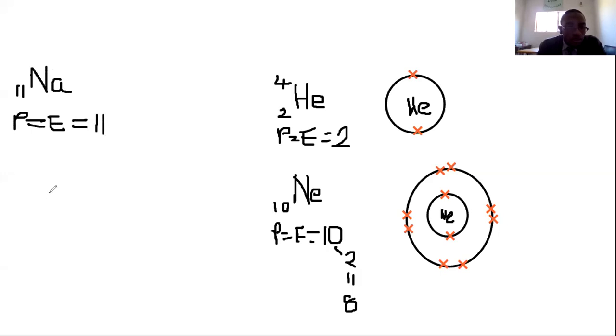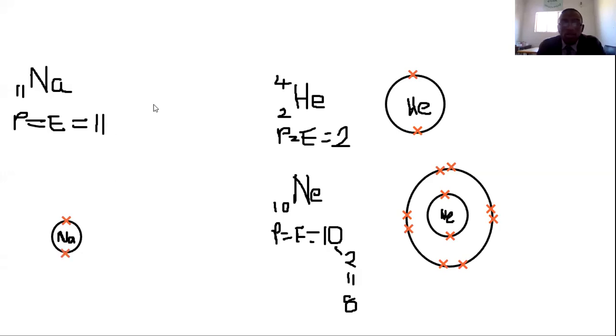So in the first shell, we know that we're supposed to put 2 electrons. So first shell, remember not to forget putting the symbol. So N, A. Then in the first shell, you put 2 electrons. So 1, 2.